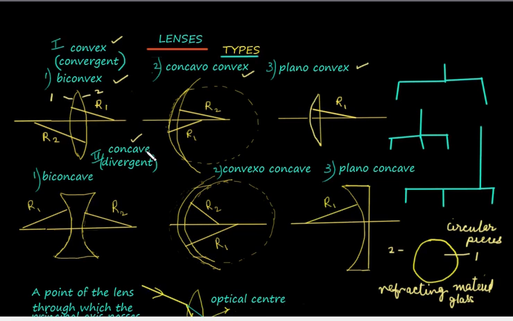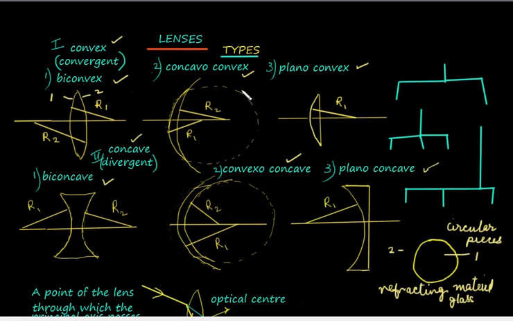Similarly, the concave lenses are classified into biconcave lens, convexo-concave lens and plano-concave lens. These biconvex and biconcave lenses are very familiar to us. We have already used these for experiments in the smaller classes.